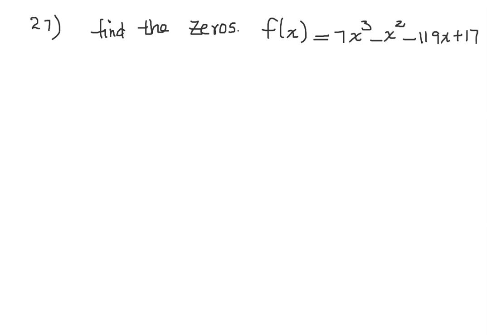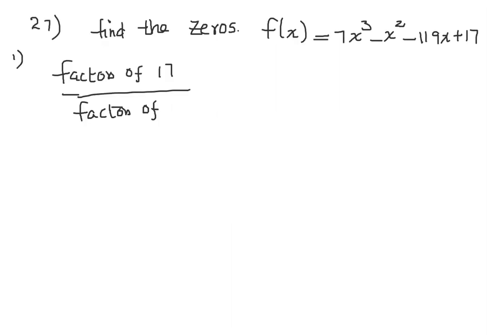So we have to write down the factors of 17 over factors of 7, this is part 1. Factors of 17 over factors of 7.